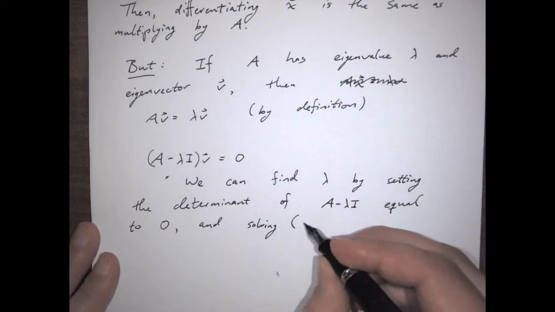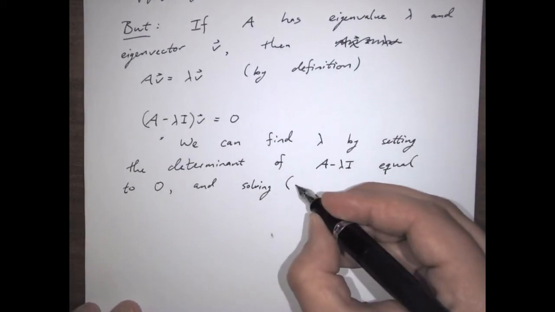If you'll recall, that's what's called the characteristic polynomial and the characteristic equation.